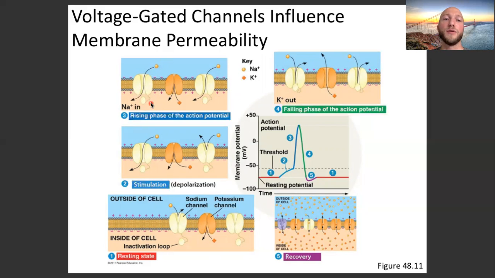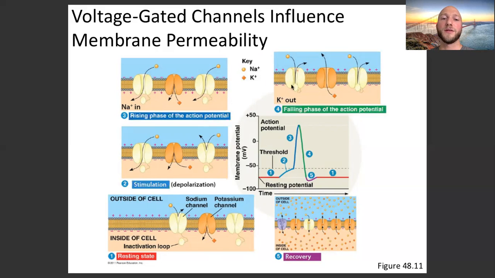It causes this local area to depolarize, which diffuses right over to the next one. That one opens up, sodium rushes in, and that membrane potential is carried over to the next one over. That one opens, bam, and it's that cascade opening of those voltage-gated sodium channels which causes that action potential to propagate down the axon.